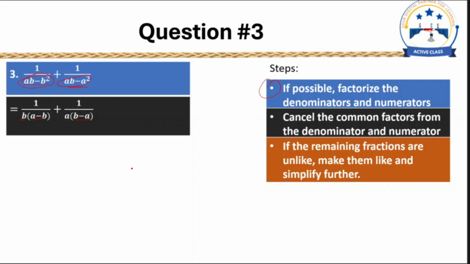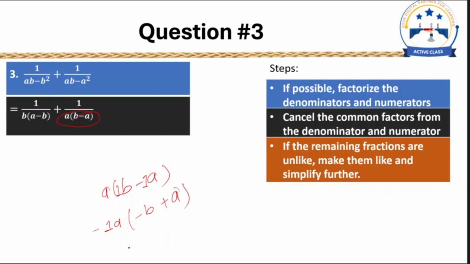Like you have got a times b minus a in the denominator of the second fraction, right? So if minus 1 is taken out from these two, then this plus 1b becomes minus b and minus 1a becomes plus 1a, right?